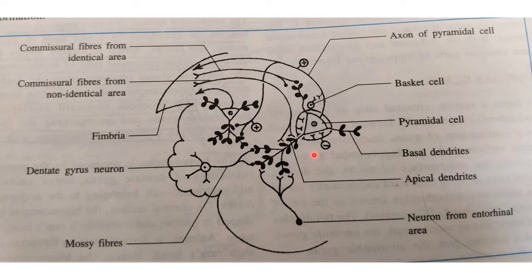So far we have been discussing the stratum oriens, which is traversed by the axons and the basal dendrites of pyramidal cells.